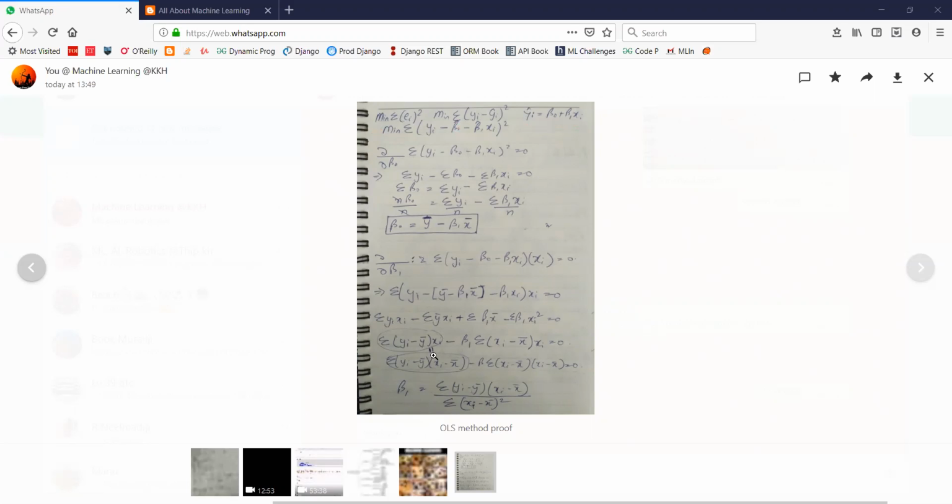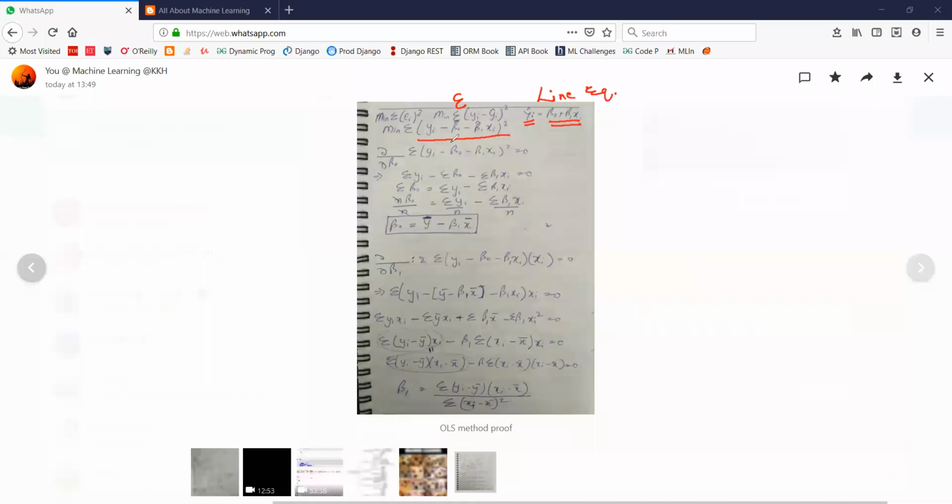So here this is our error term which we want to minimize, and this is our line equation. Now what we do, we substitute this yi bar in this error term with its value, so you will get this equation: yi minus b naught minus b1 x1, squared.